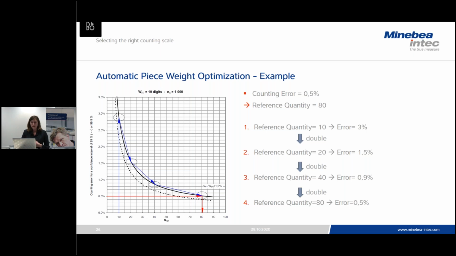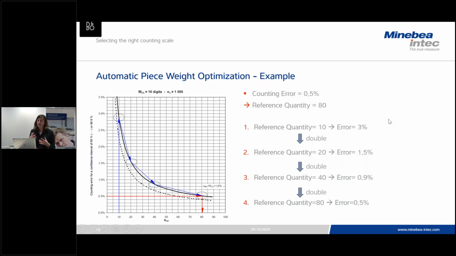Here we have again a graph where we want to count 1,000 pieces, and we have a standard deviation of 1%. We want to have a counting error of 0.5%, and as you can see here, for that reason we need 80 pieces of reference quantity.